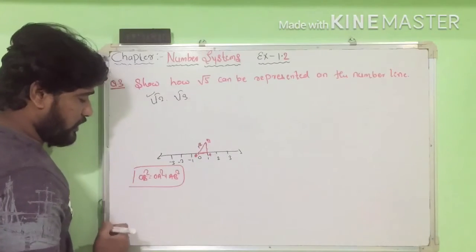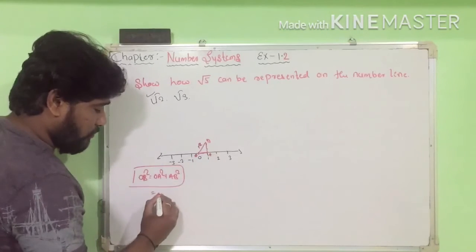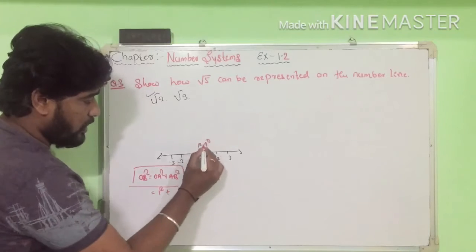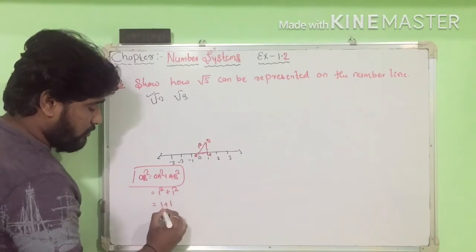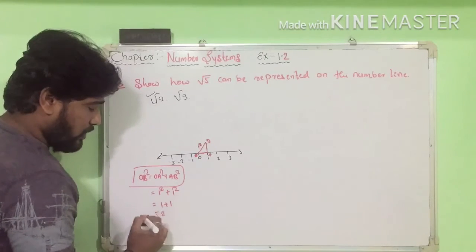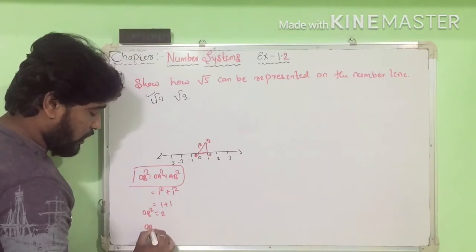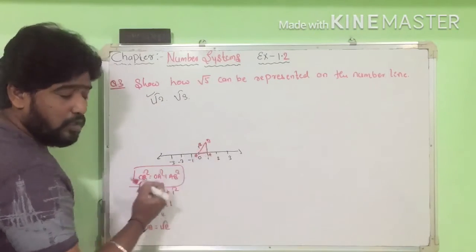We want to find out the distance OB. So OA is 1 unit, right? We take 1 unit square, and plus here also 1 unit square. So 1 square is 1, 1 square is 1. So 2, right? So here OB square is equal to 2. Then OB is equal to square root of 2. So OB is root 2.